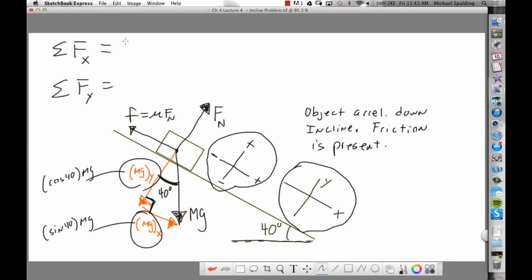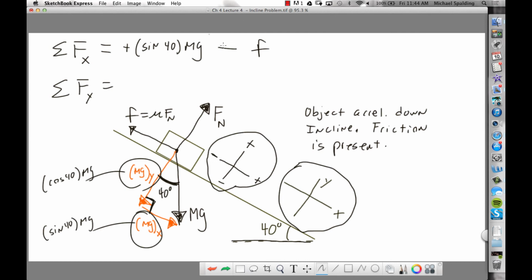So summing forces in the x, we're going to have positive sine 40 mg. Why did I say that was positive? Because which way does mgx point? Down the hill. That's positive. Okay, minus friction, which you could put as just mu Fn. The equation for friction is mu Fn. We'll just say minus friction.